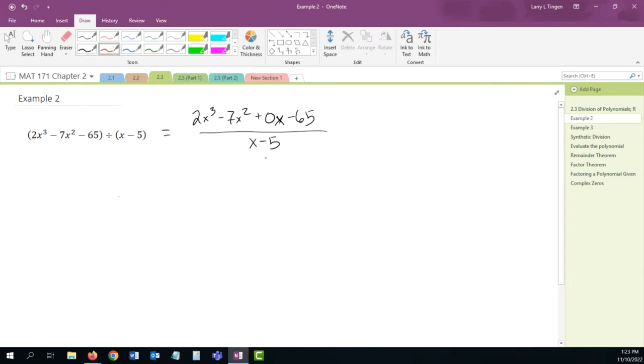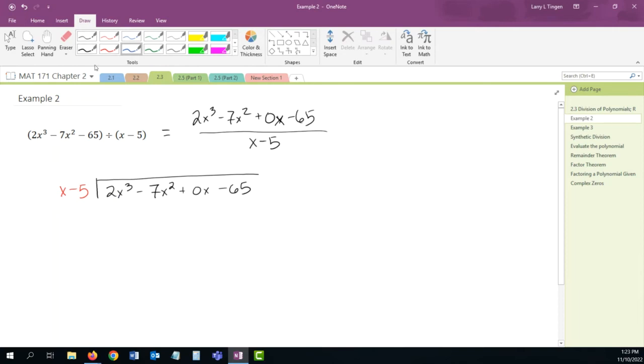And I'm going to go ahead and start feeding you some work here. Divisor x minus 5. Dividend 2x cubed minus 7x squared plus 0x minus 65. And so as I do this problem, leading term of the divisor goes into the leading term of the dividend how many times?